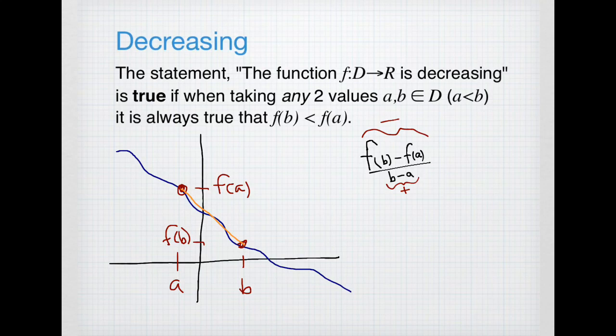And when I calculate that, this tells me that my slope on a decreasing function between any two points is always negative.